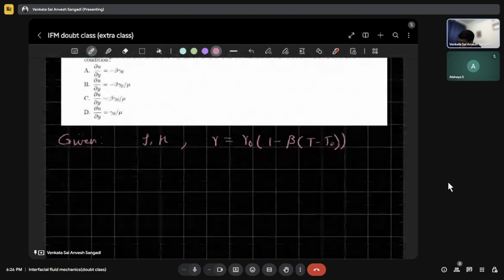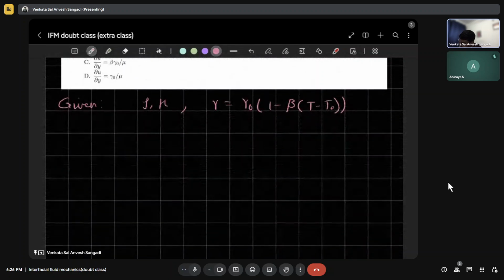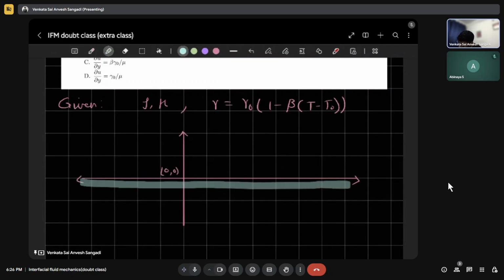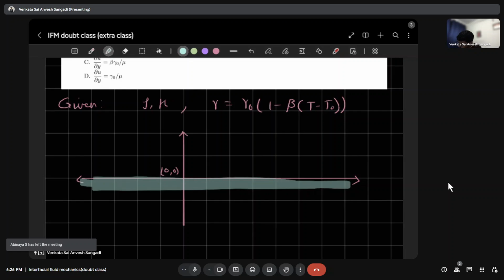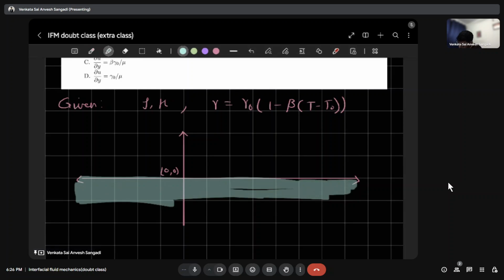And if we draw the diagram, it is 0 comma 0, and the fluid is only in the negative region of y. So the fluid is below.